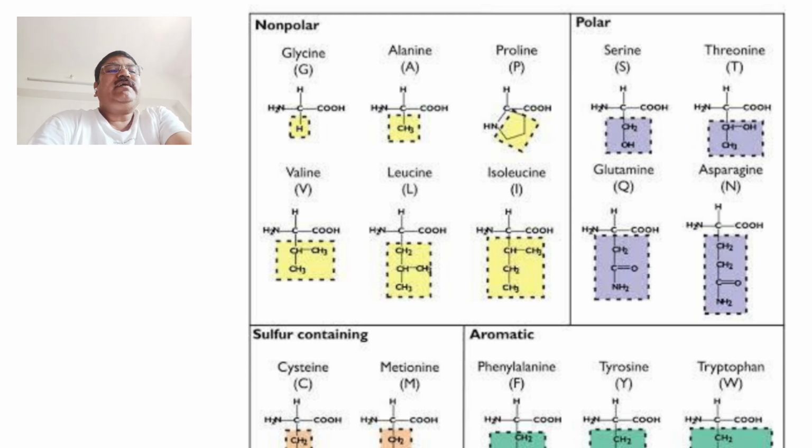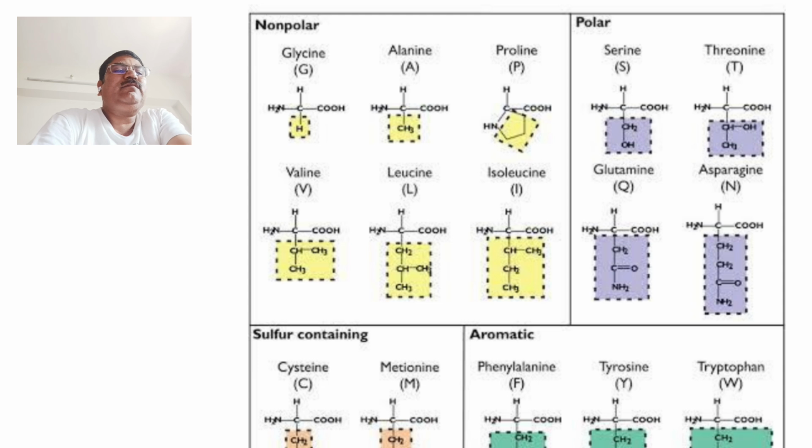Then the second class comes, the polar groups. In serine, the R group is CH2OH. In threonine, the R group is an ethanolic type of group.